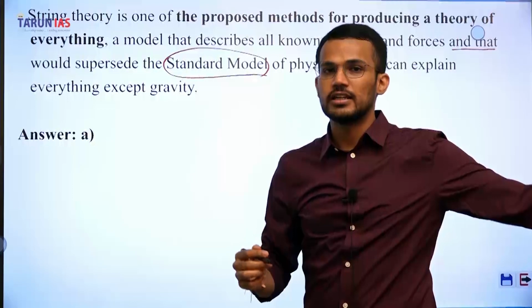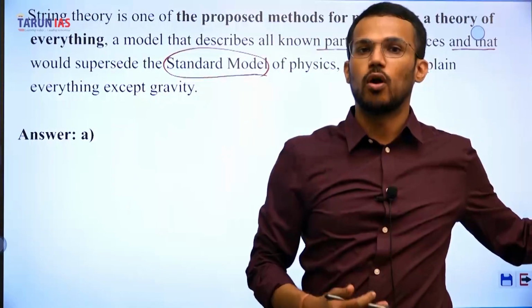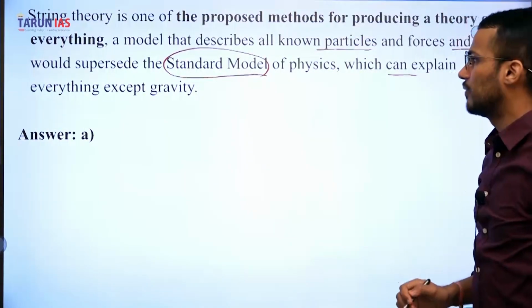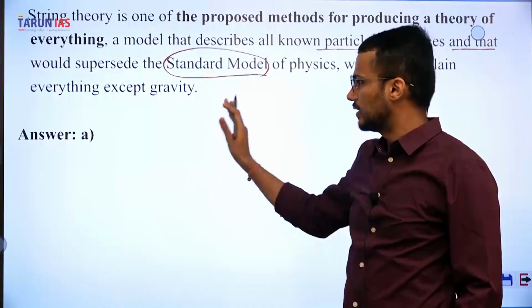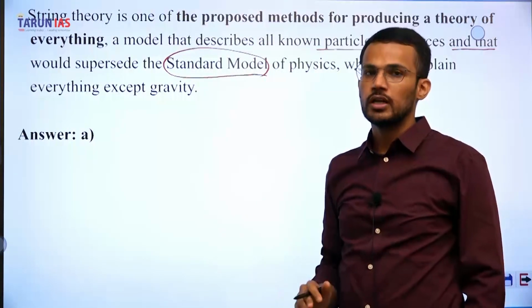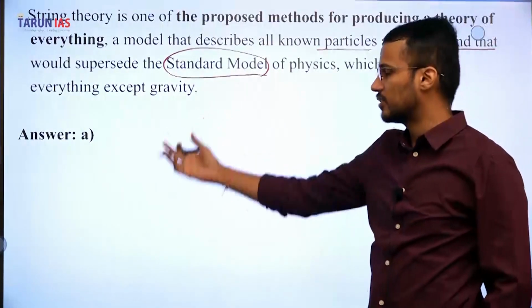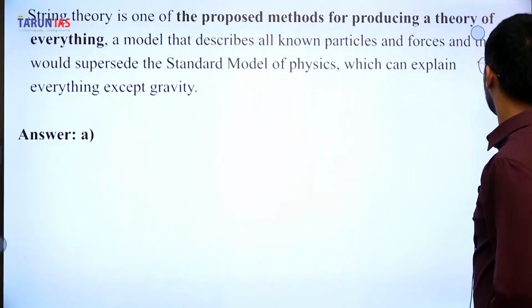So string theory is the proposed theory which will supersede the standard model of physics, which can explain everything except gravity, right? So all these three terms are related to the universe and observation of the universe, and hence the answer is A. Next question now.